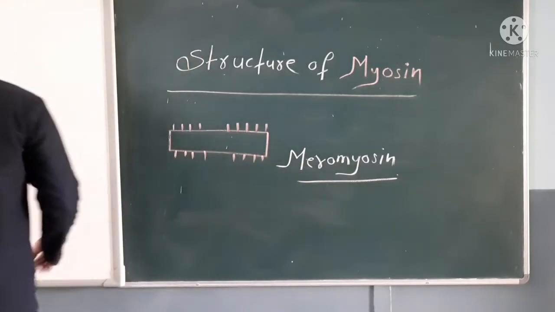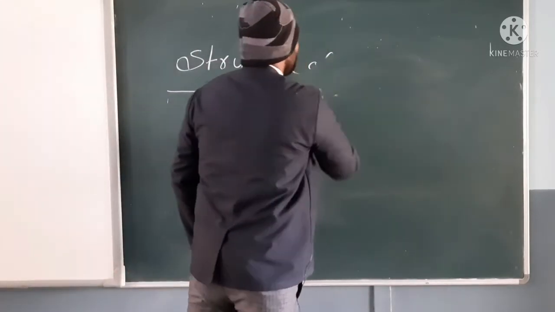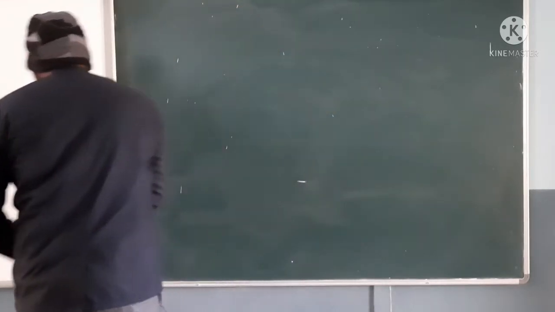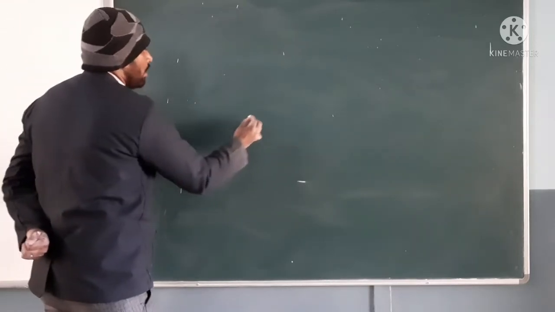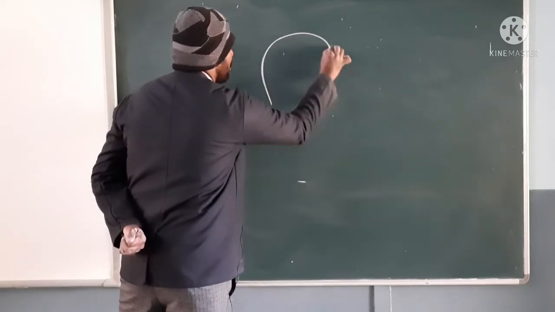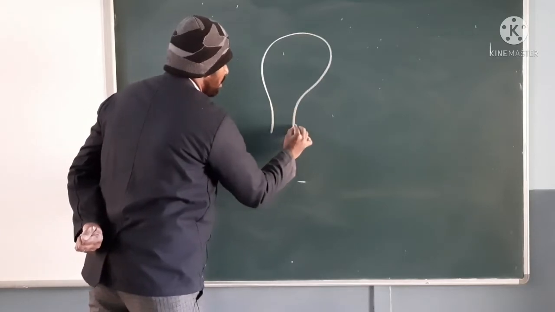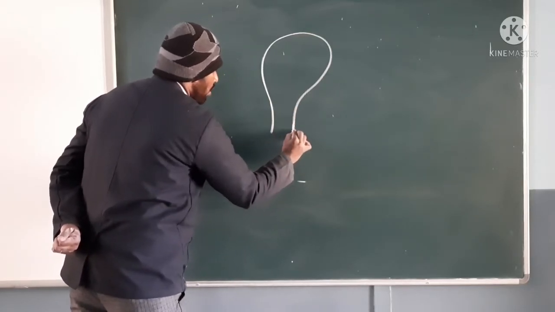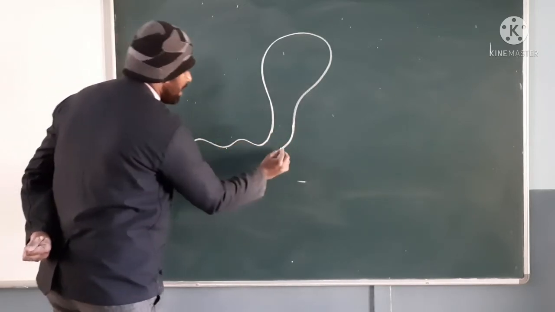So what is the structure of meromyosin? I am going to give you the structure of meromyosin, and this structure shows three different areas. First, its globular head, its short arm, and then its tail.